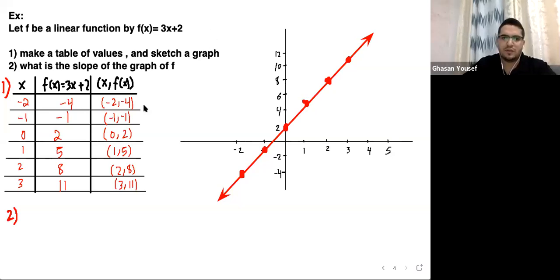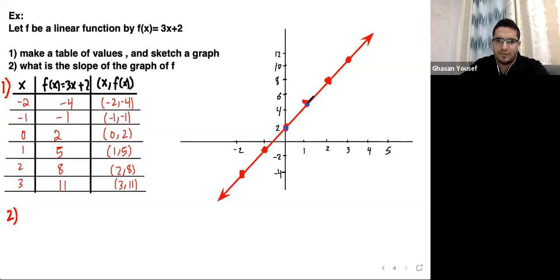Okay, what points would you like to use? This is an easy point, so I'm going to use 0 and 2, and I'm going to choose another point, for example 1 and 5.